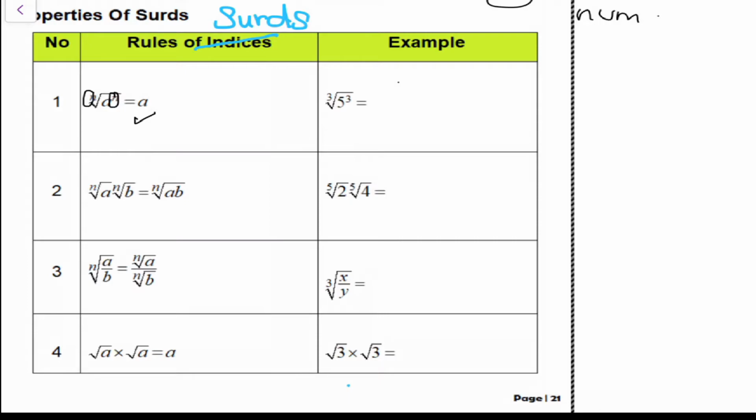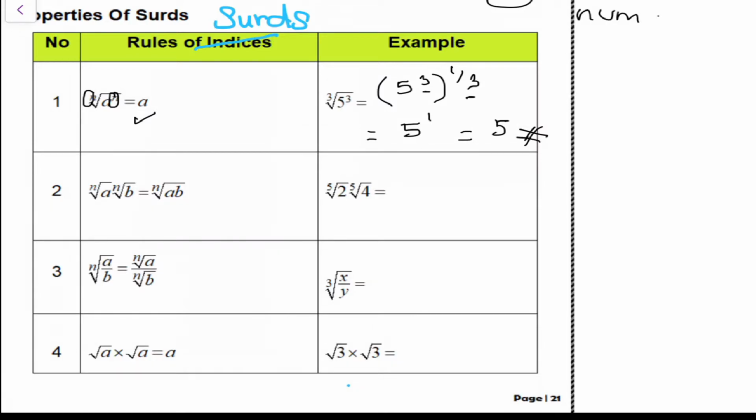Actually, the cube root of 5 cubed can be written as 5 to the power of 3, in brackets, to the power of 1 over 3. Recall the rule of indices that we learned in the previous video. The power inside the bracket we can multiply with the power outside the bracket. So 3 times 1 over 3 is equal to 1. So the answer is just 5 to the power of 1, which is also equal to 5.